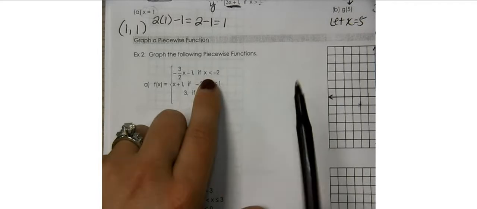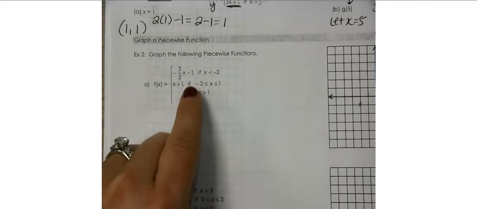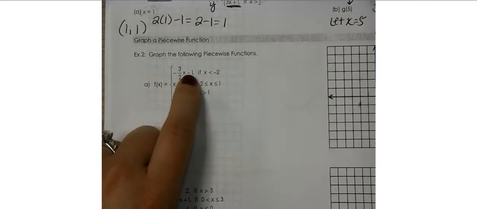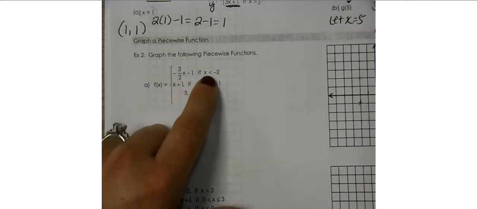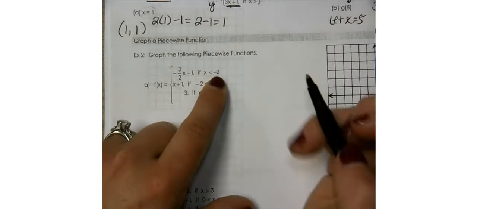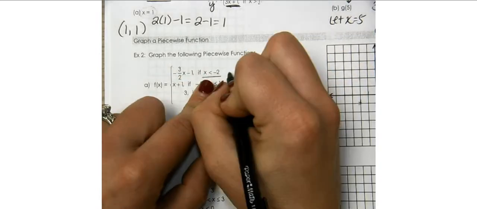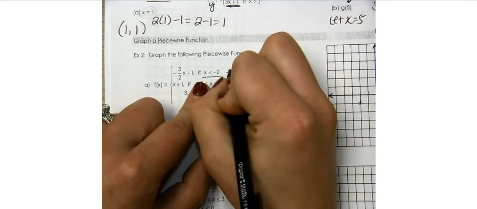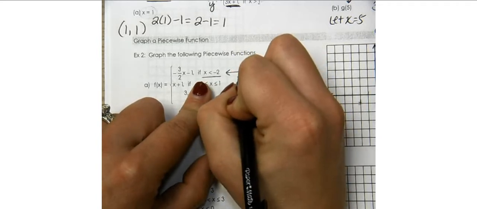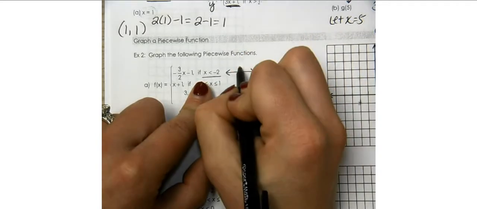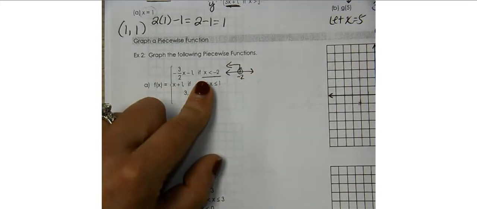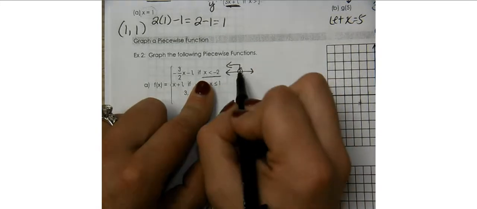In this case, the first piece that we have is negative 3/2 x minus 1, and that happens if x is less than negative 2. If we were to graph x is less than negative 2 on a number line, we would have an open circle at negative 2, and we would be shading all of the values of x less than negative 2. This shape is a ray.